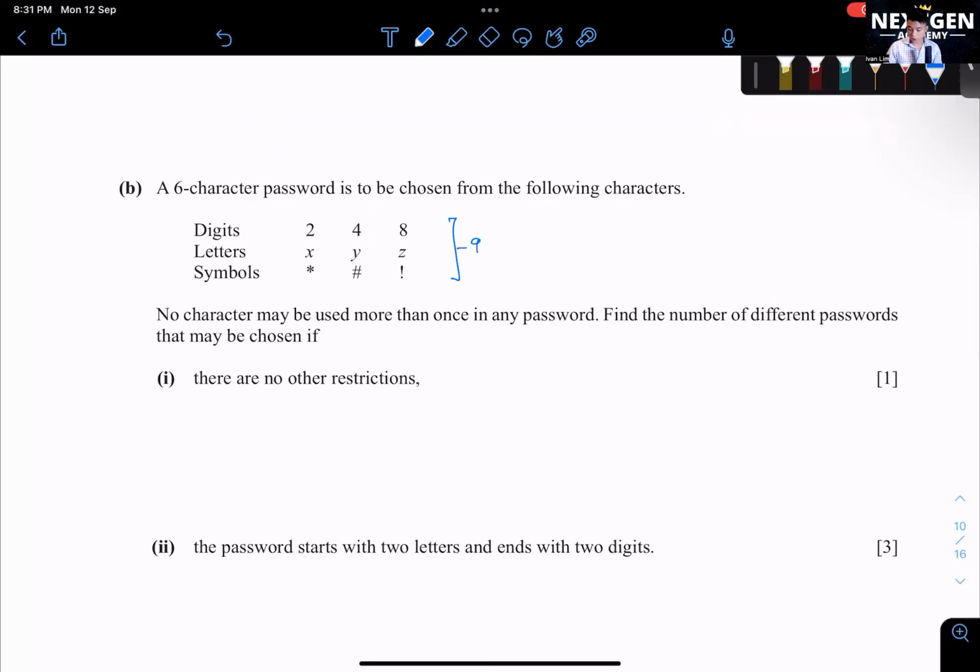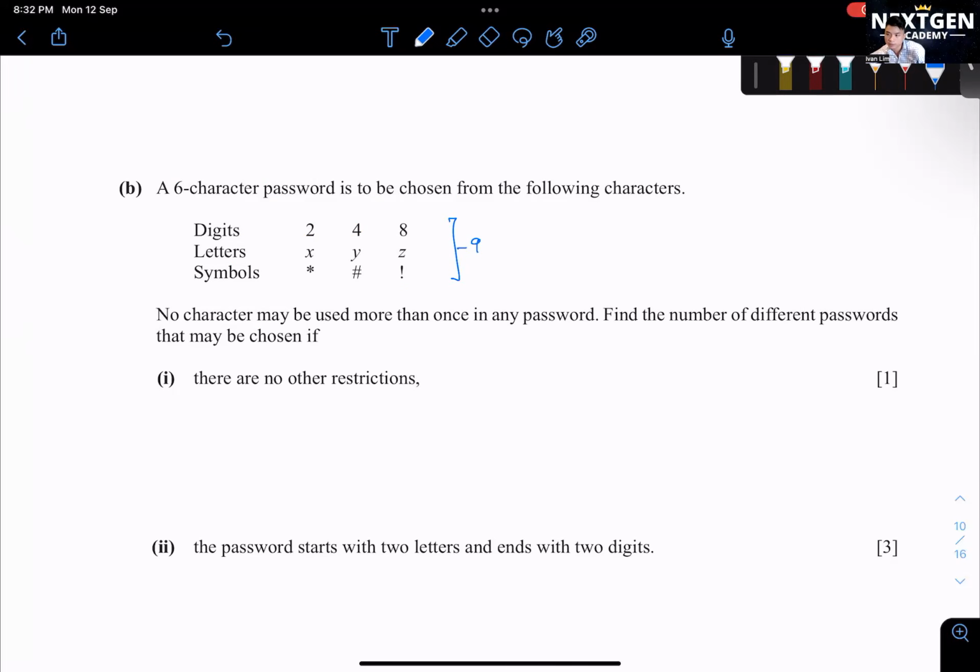This one, does order matter or not? So you think password. Let's say you put a password on a lock on your bicycle. Does it matter if I put 1, 2, 3, or 3, 2, 1, or 2, 3, 1, or 1, 3, 2? All the same numbers, but the order of the digits matters, right?